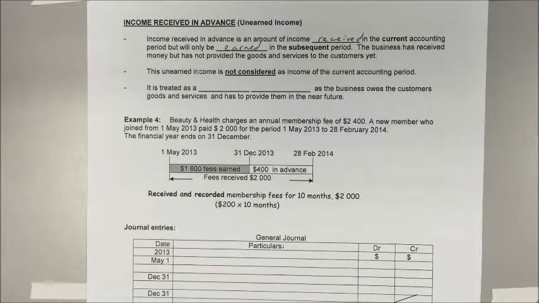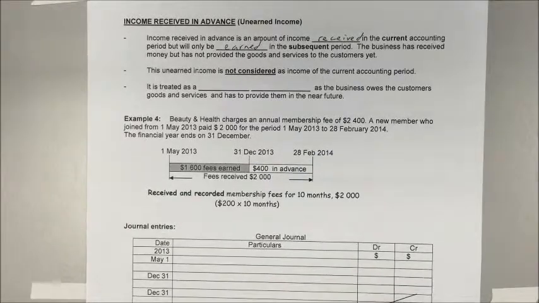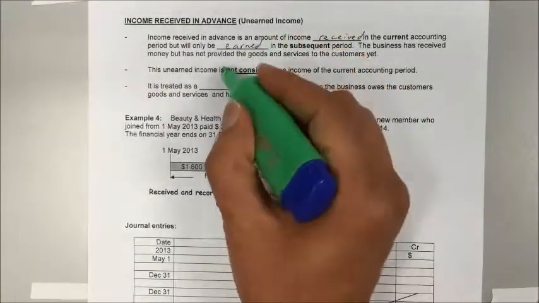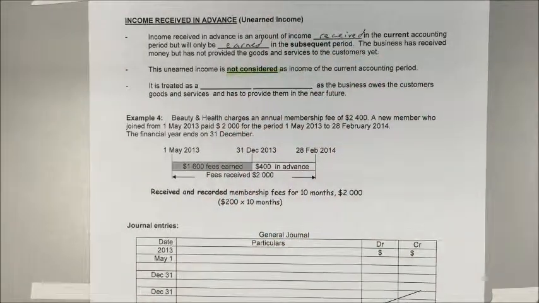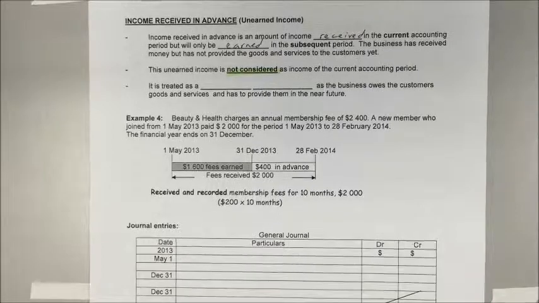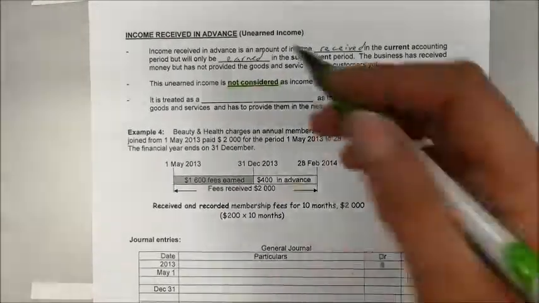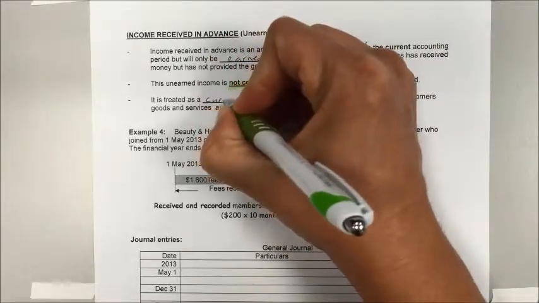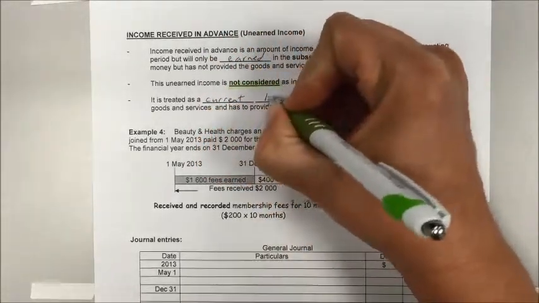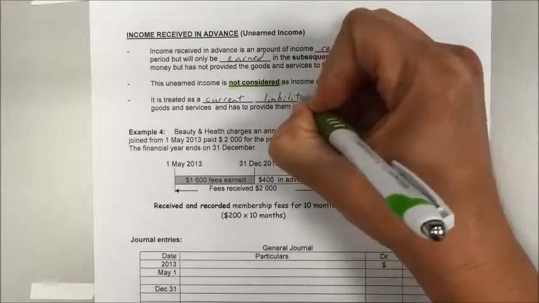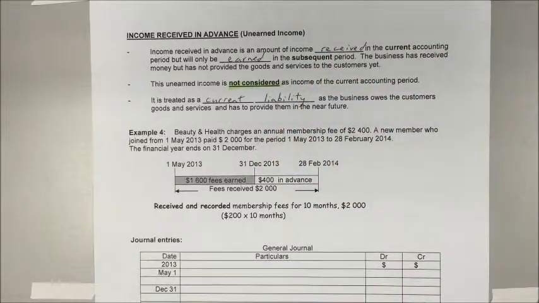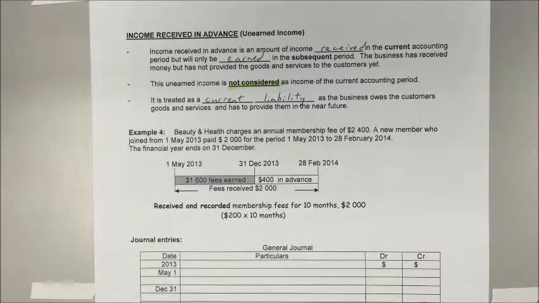Therefore, this money received is called unearned income and is not considered as the income of the current accounting period. It is treated as a current liability, as the business owes the customers goods and services and has to provide them in the near future.